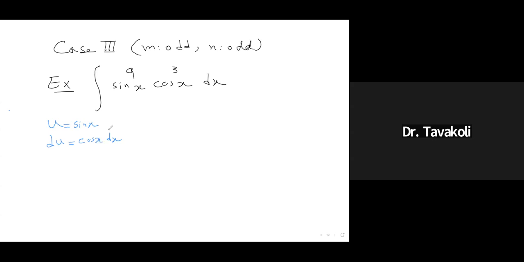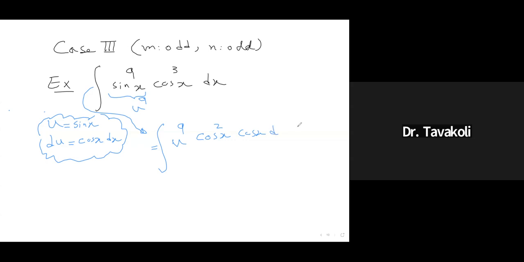Since I let u be sine x and du is cos x dx, I need to separate one copy of cos and write it next to dx. So this is the substitution that we choose. Since I let u be sine x, this is going to be u to the 9. And cosine cubed is cosine squared times cosine x.